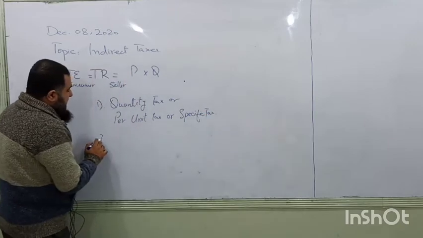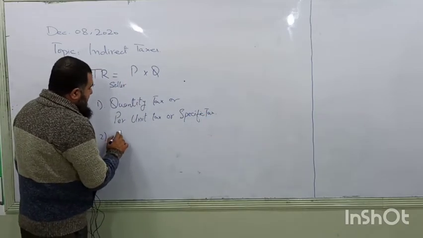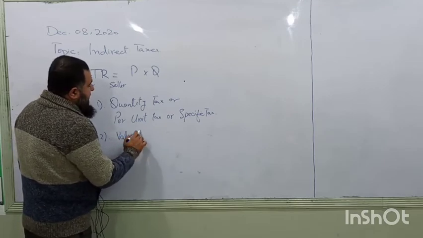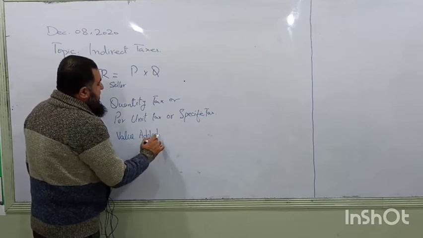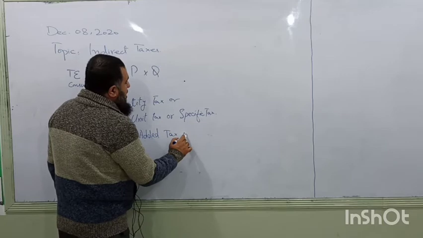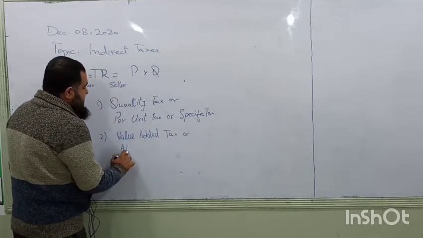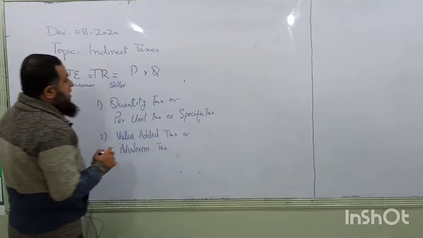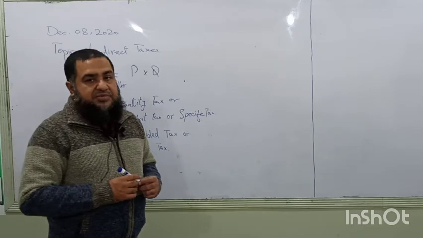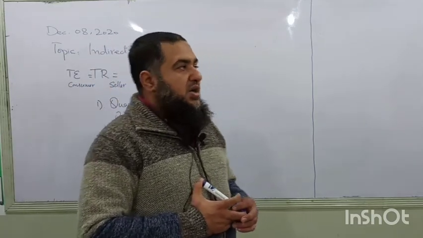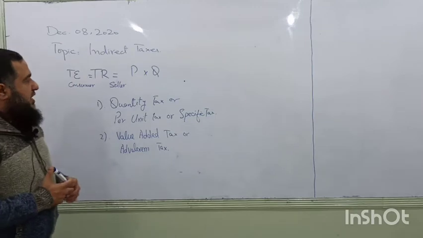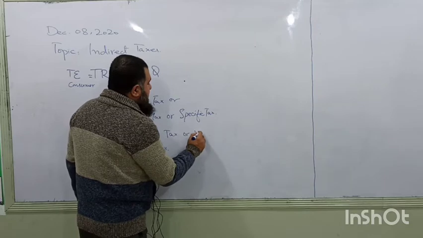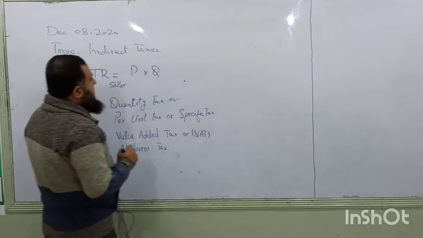Whereas the other tax will be called value added tax, or ad valorem tax. Alright, so these are the two main types of indirect taxes. One is called quantity tax and another is called value added tax, which you might have heard in the form of VAT, value added tax.